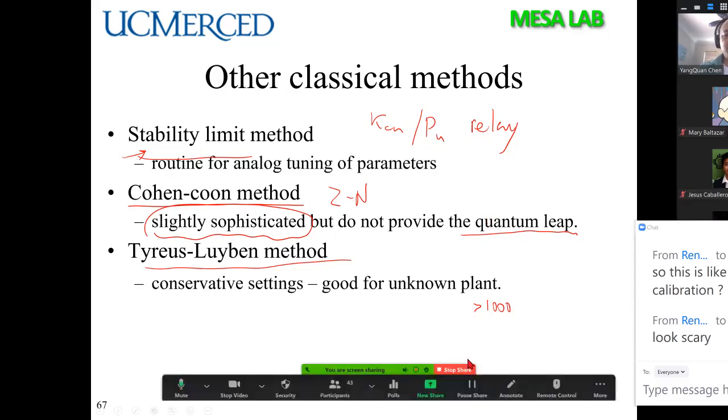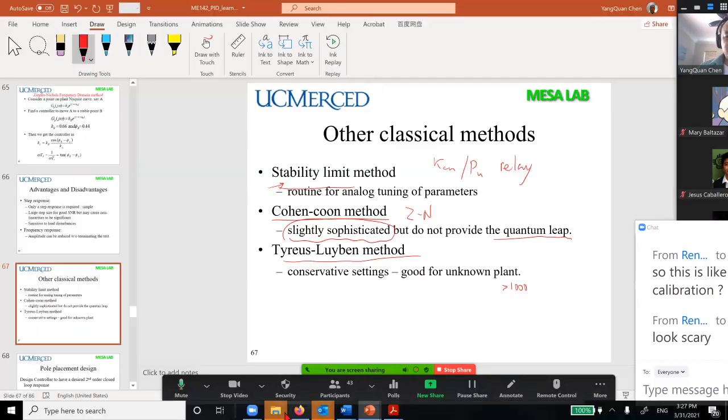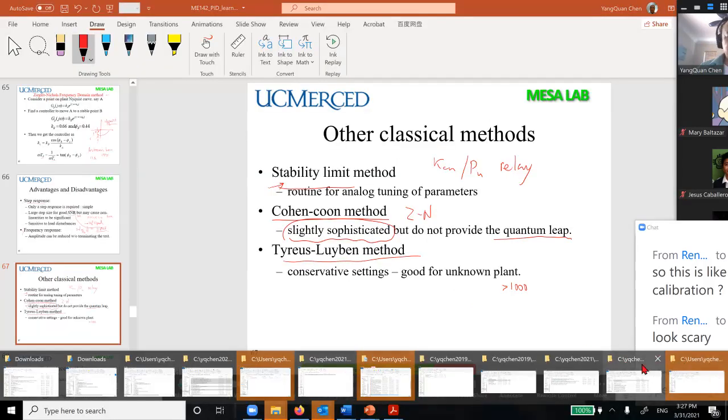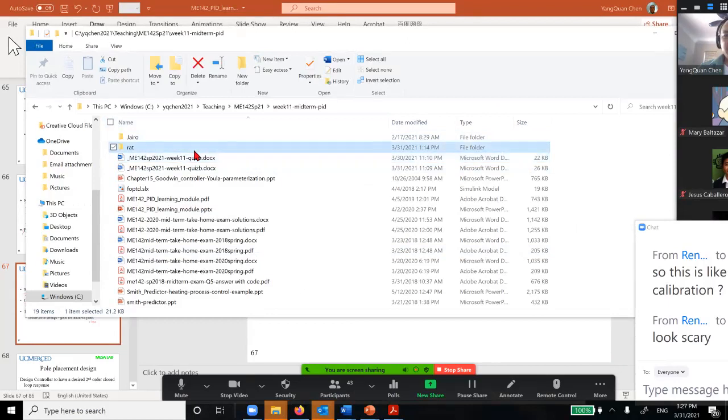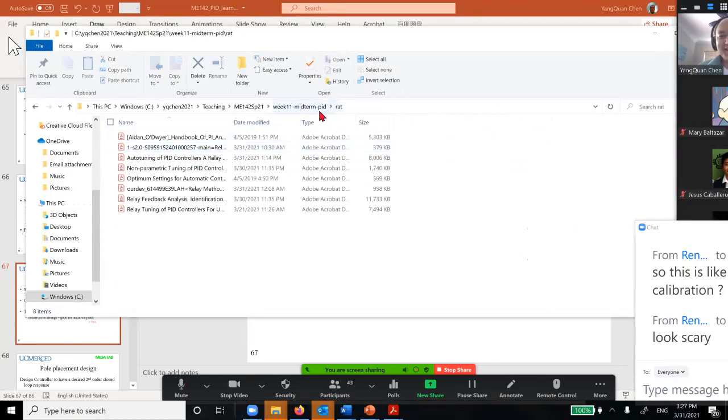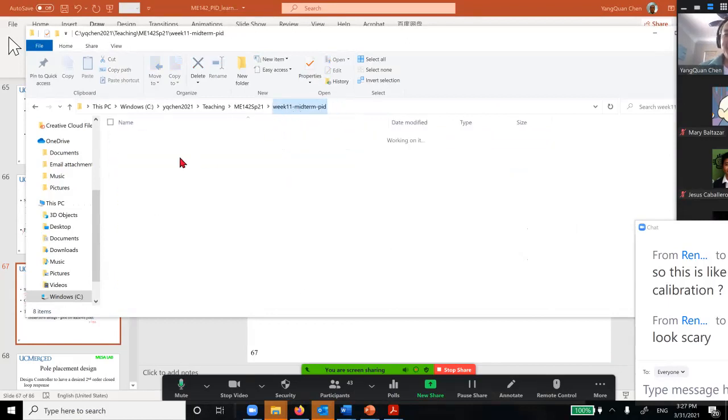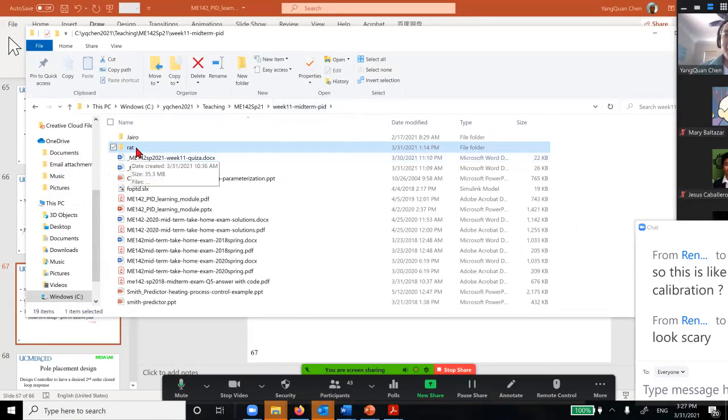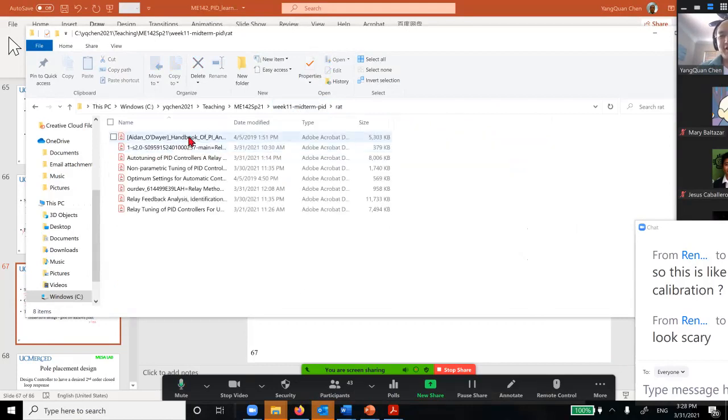I'm going to show you. I made a collection here. So I have a directory called RAT. It's not an animal. It's called Relay Automatic Tuning. Okay, Relay Automatic Tuning.